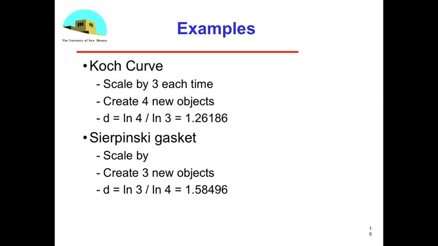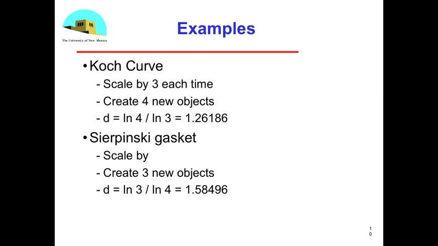It doesn't matter what base you take the log in. That gives me about 1.26. So here's an object that lies in the plane that has a dimension greater than that of a simple curve, which would have dimension 1, but doesn't have the dimension of a surface. A simple surface would have a dimension of 2.